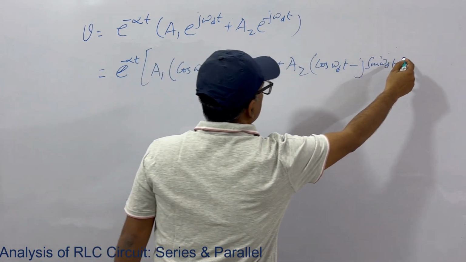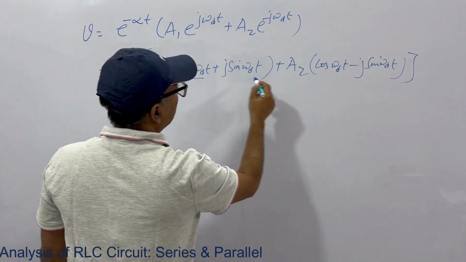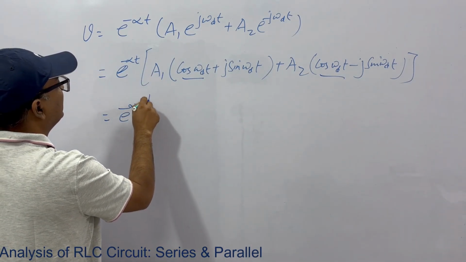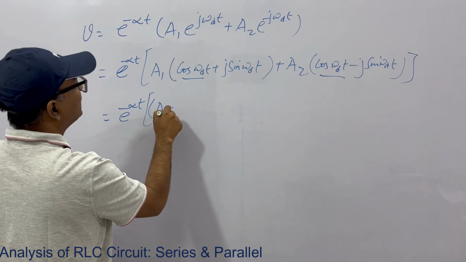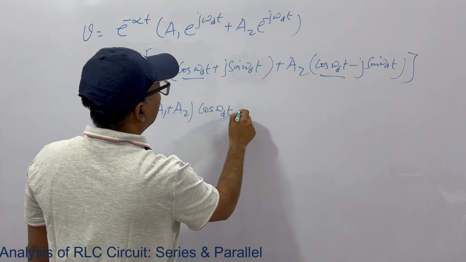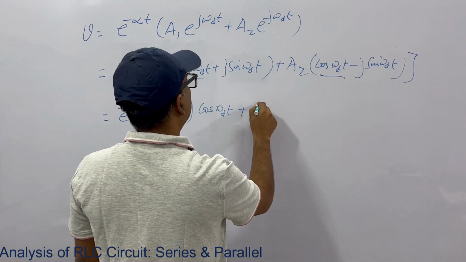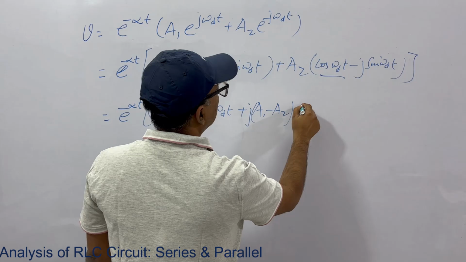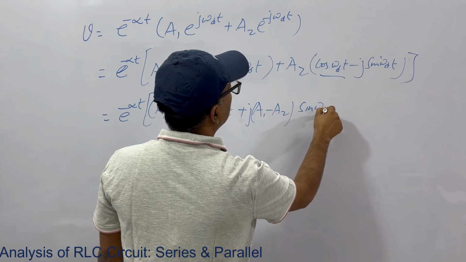Now you can take cos omega d t and sin omega d t common. So you will have e to the power minus alpha t, and here you will have a1 plus a2 times cos omega d t, and then j into a1 minus a2 times sin omega d t.